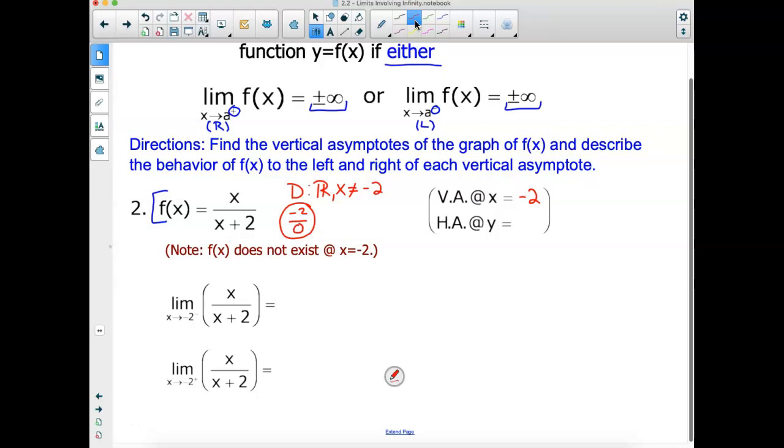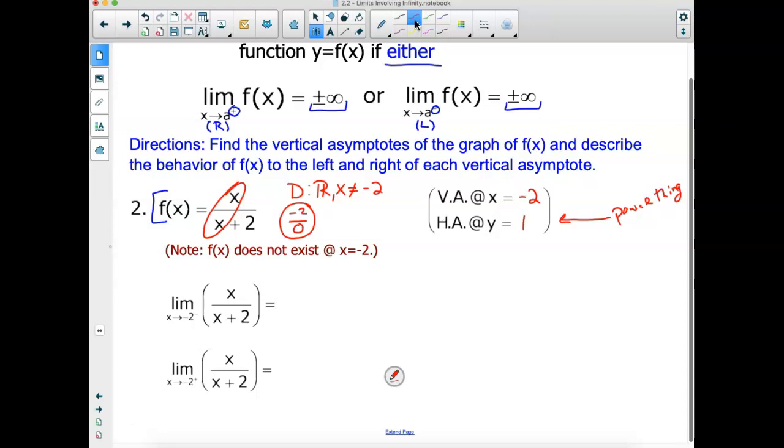The other knowledge you need to bring to the game here definitely is a horizontal asymptote, okay? Horizontal asymptote, we're going to use here the power thing, okay? And I can see my powers are equal. The coefficients are both 1, so I know the horizontal asymptote is going to be y equals 1.